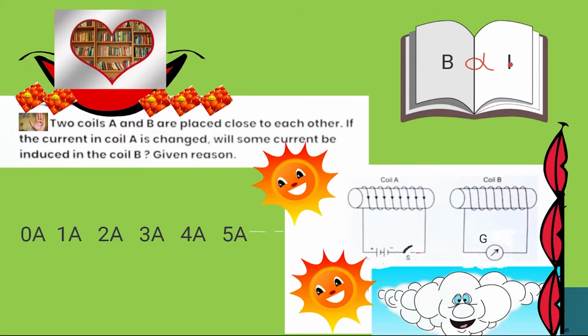Now, if current magnitude increases, children, please listen to me very, very carefully. If current magnitude increases, magnetic field will also increase. Very important, children. If it decreases, magnetic field will also decrease. Very simple.